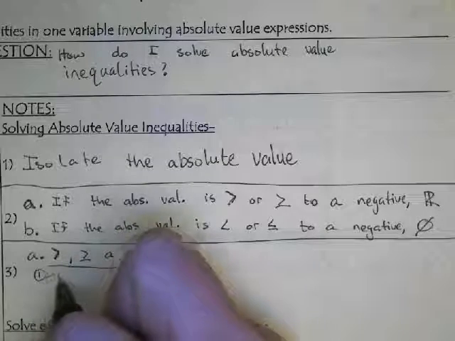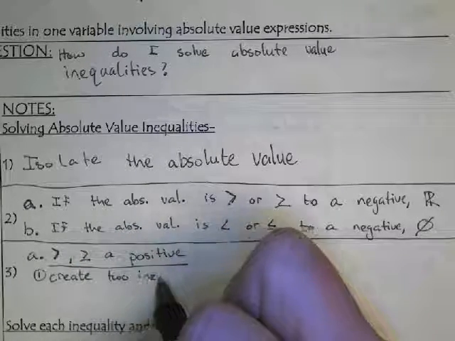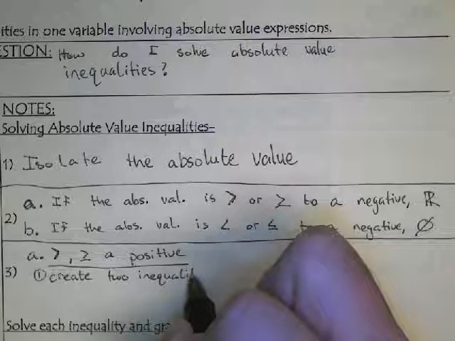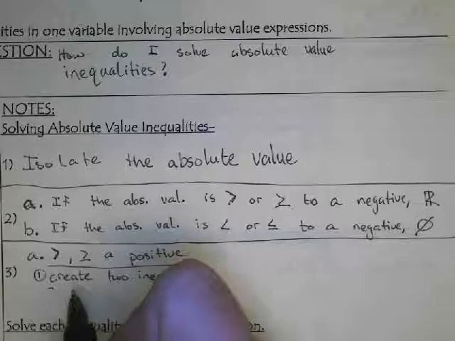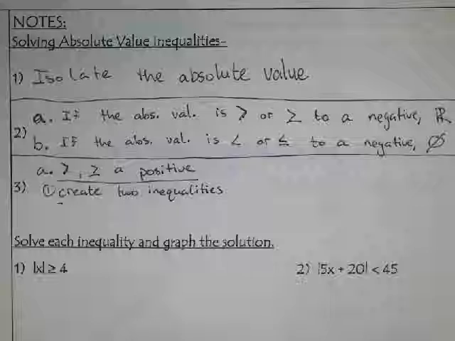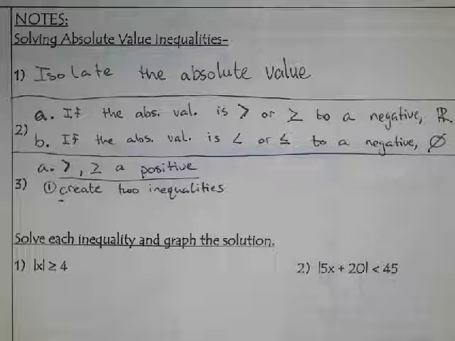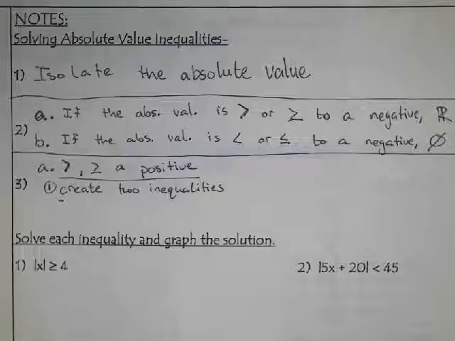Step 1, create two inequalities. We'll create two separate inequalities, just like we did when we had absolute value equations and we split it into two equations. Now we'll split it into two inequalities.